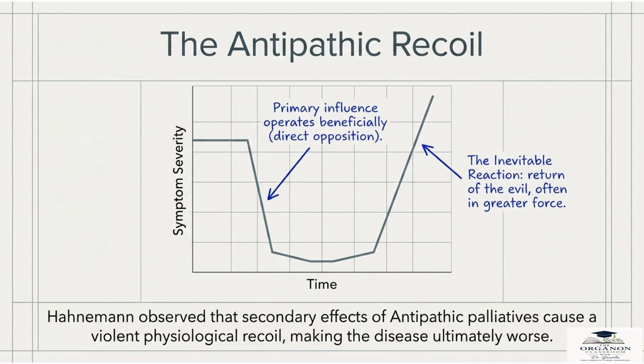This is represented by the steep rise in the graph, the antipathic recoil, or the rebound effect. Hahnemann repeatedly observed this phenomenon in practice. He concluded that medicines acting by opposites provide palliation and not cure. They suppress symptoms for a while, but the disease eventually returns, often in a more severe form.